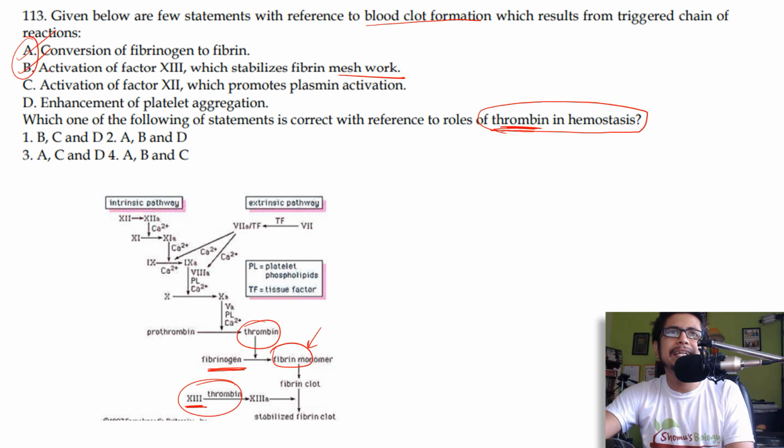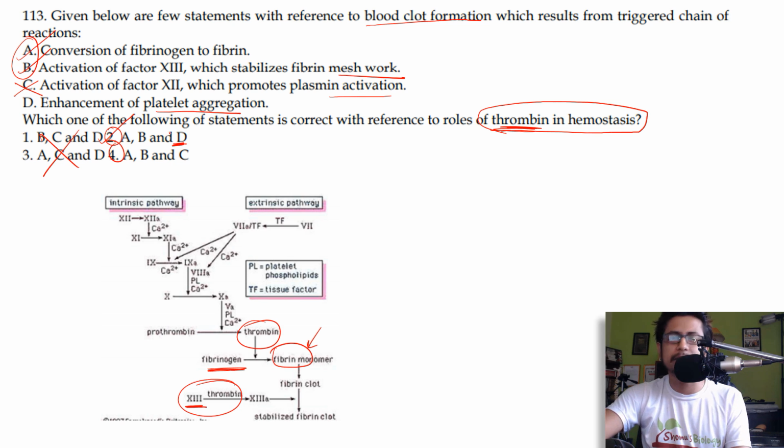Since A and B are both true, obviously the options 2 and 4, or 1 and 3, are both wrong. Now we need to think of activation of factor 7, which promotes plasmin activation. No, activation of factor 8 is involved in plasmin activation, so C is false. Enhancement of platelet aggregation, that is true, that must be done, so obviously D is correct.